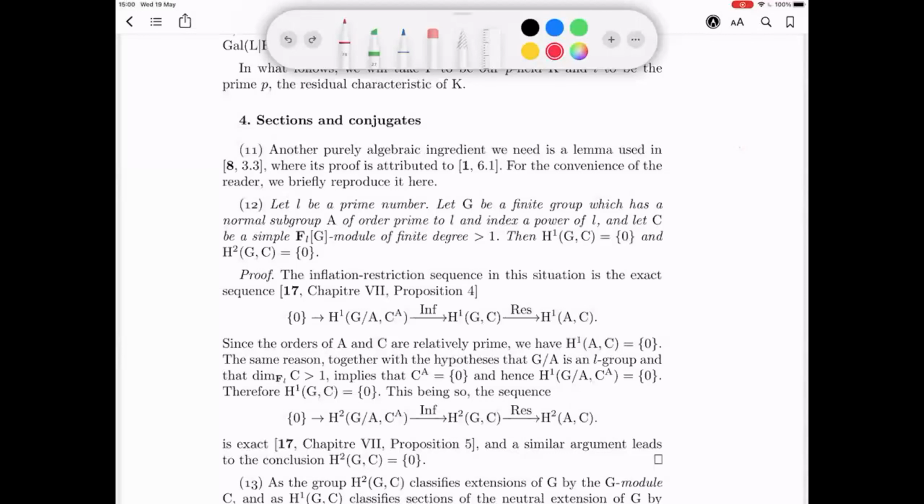Let's get started. Today we are going to prove the main theorem which was stated last time.